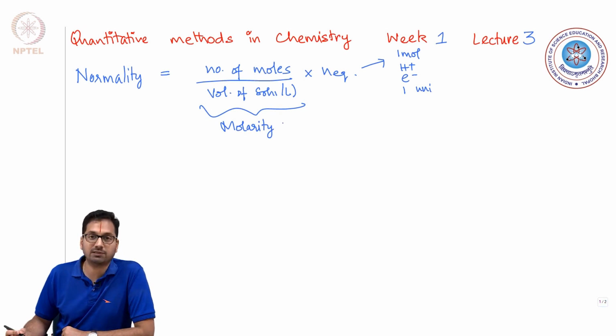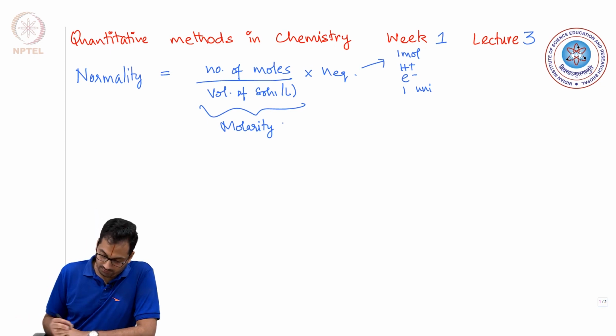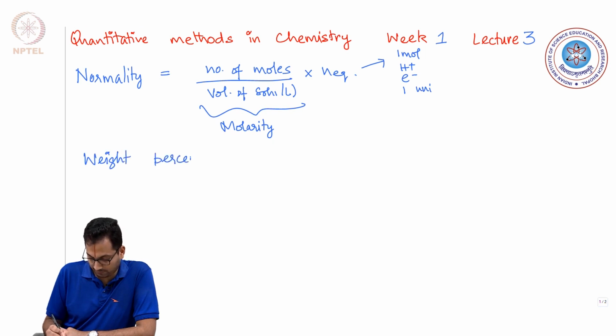Okay, so now let us go ahead and define a few other parameters that are routinely used in chemistry and also in daily life to define concentration of different chemicals. The first one is weight percent. This is more precisely called mass percent nowadays.